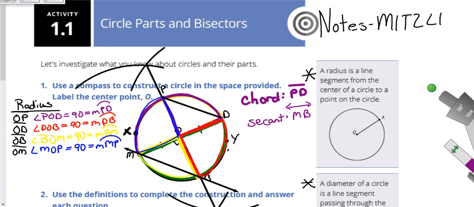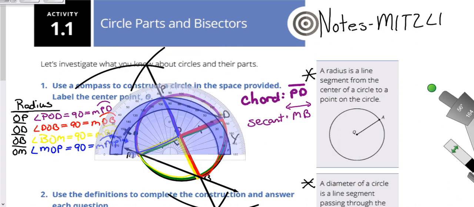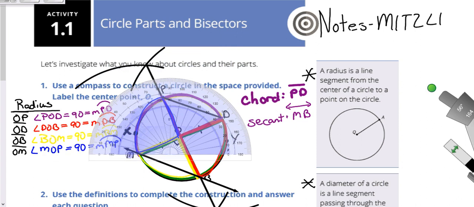Okay. All right, so now we've actually drawn some triangles in here. And they ask us to use a protractor to measure the angles of the triangle. So let's see if I can get this to work. Kind of a big protractor. I want it a little bit smaller there.